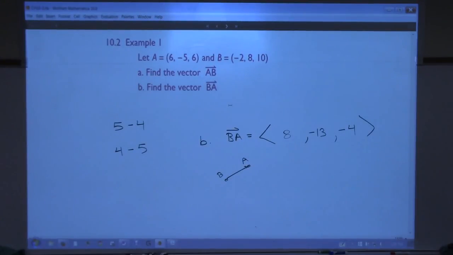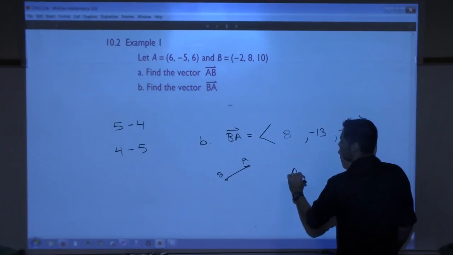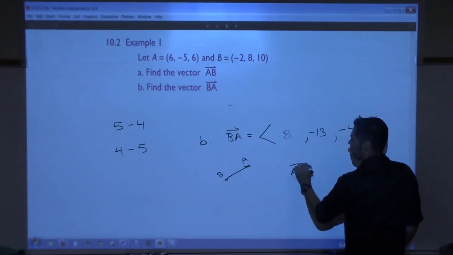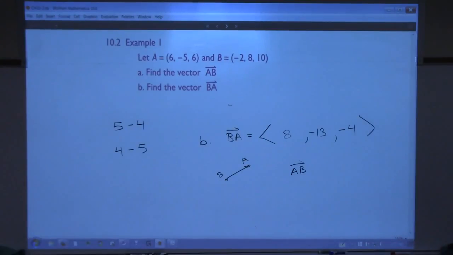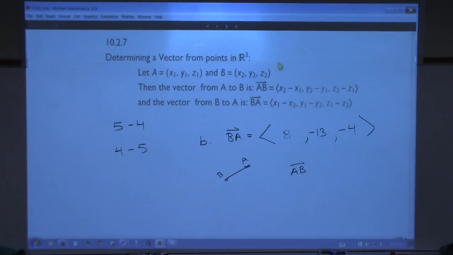No, we're subtracting A from B. If you're going to subtract A from B, then you're going to be doing this one. If you're one of those people who just likes formulas, which I'm not a formula memorizer, that's it right there.